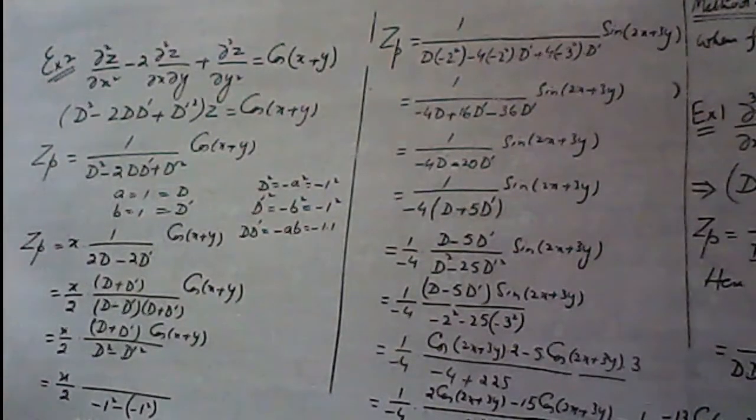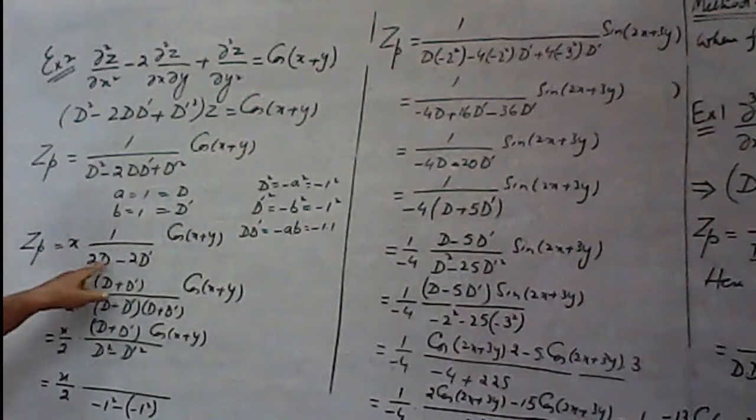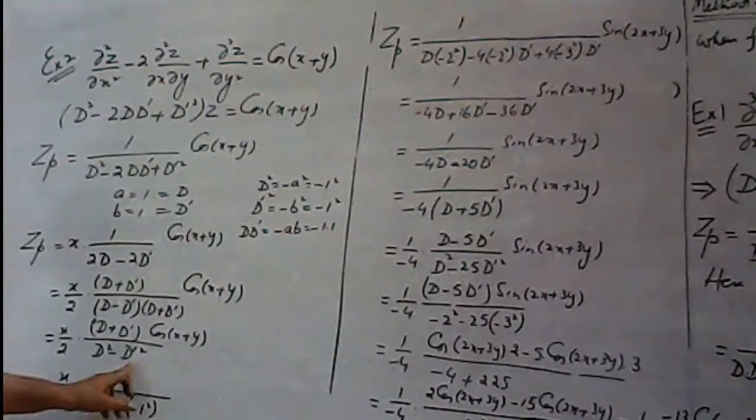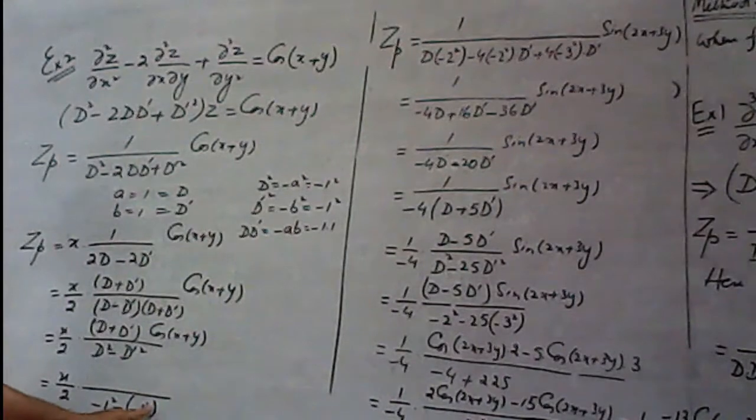Look, again the value of the denominator is 0. 2D minus 2D dash. I substituted D square is minus a square, this minus is this one, and D dash square is minus b square.